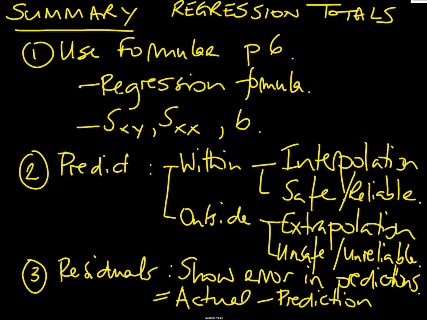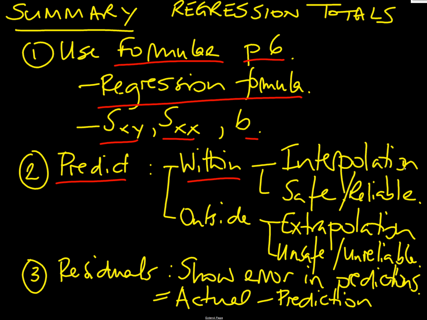As ever, here's my little summary at the end. For regression totals, the formulae are on page 6, for getting the regression equation and also for the sums that you're looking for. If they ask you to predict using the regression line, then if it's within the range, it's called interpolation, and that's safe and reliable.